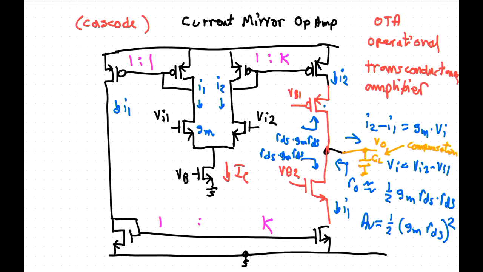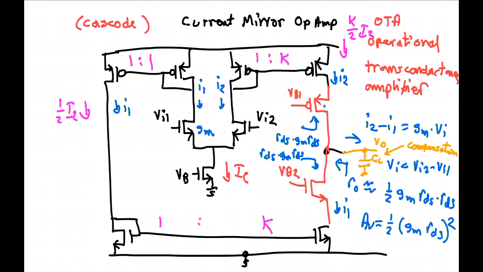So then what we have over here is going to be a half I2, if you have that scale, and the current that flows over here is going to be K half I2. 1 to 1. So in total, the current here is 2 I2.